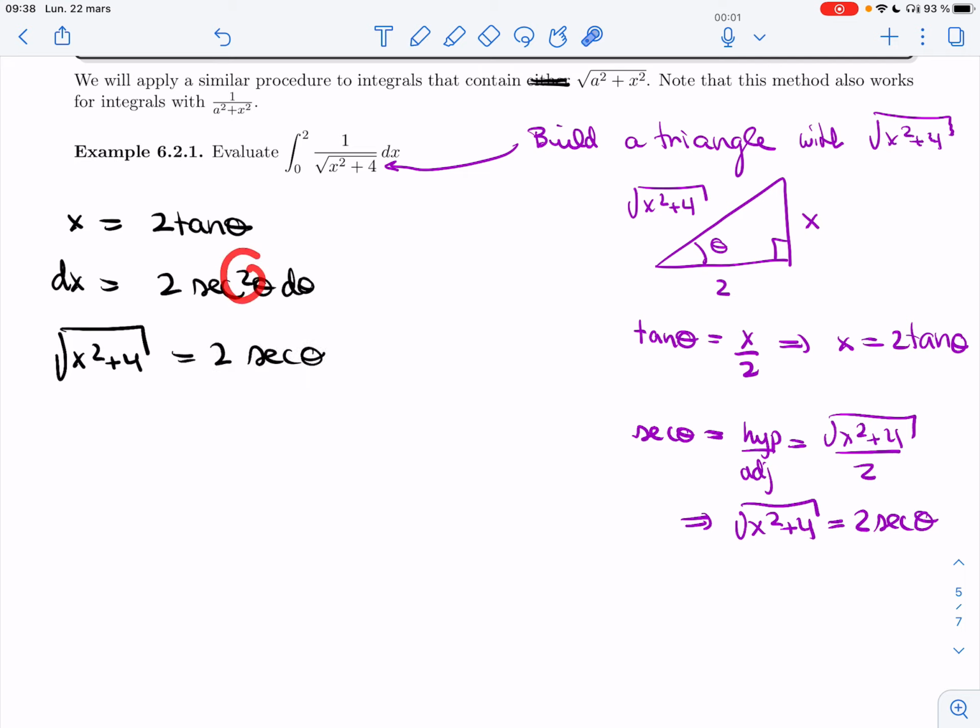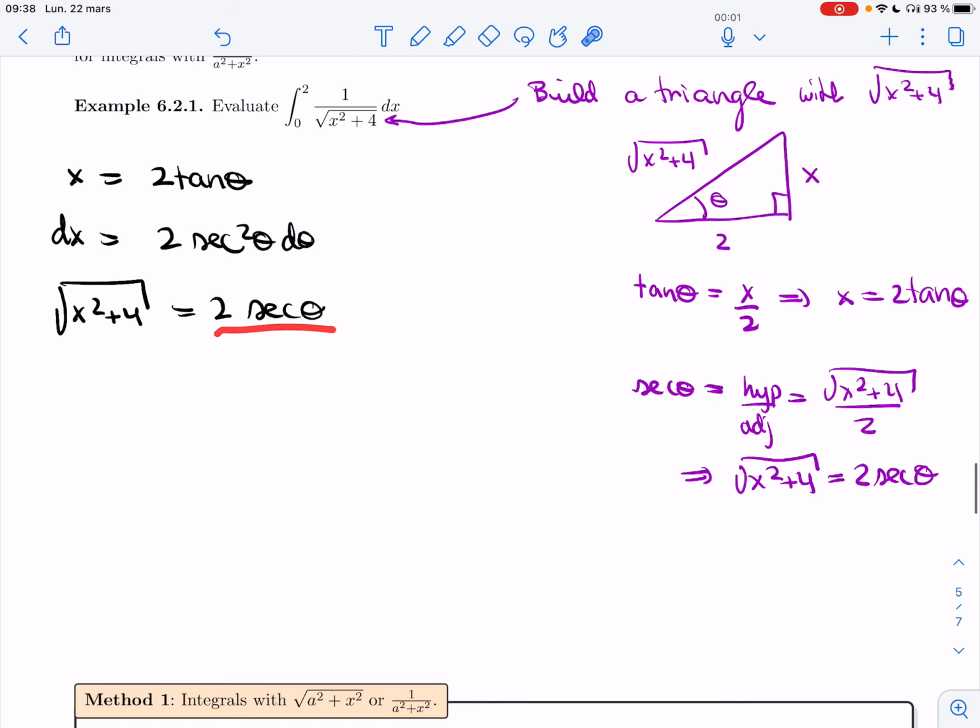Notice that they're not actually the same. In the preceding one, they were the same, but that's just random. Here, the derivative is secant squared. This one is secant theta. So don't think they're always going to be the same.